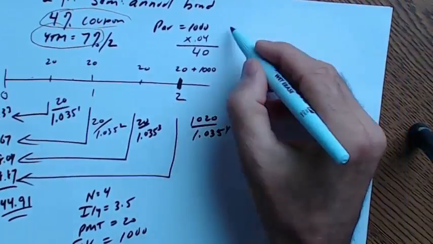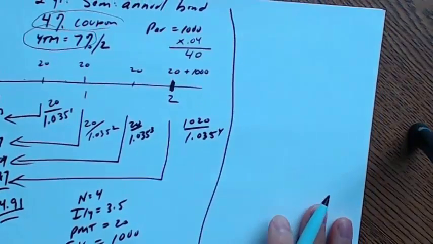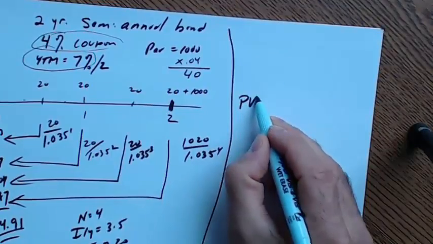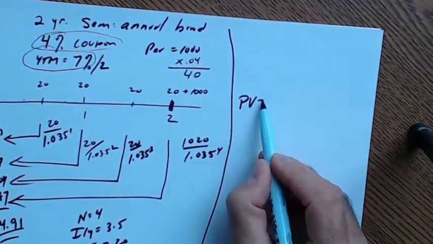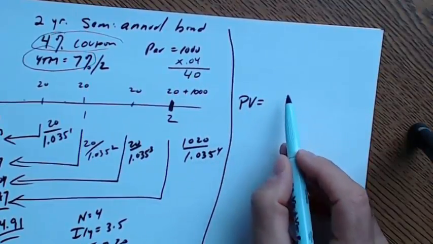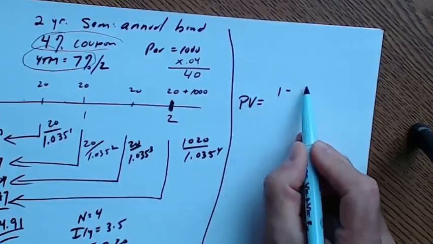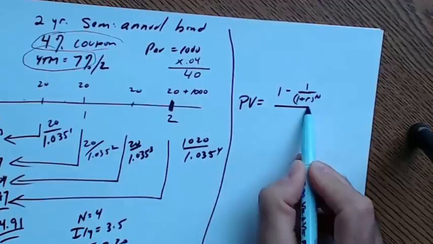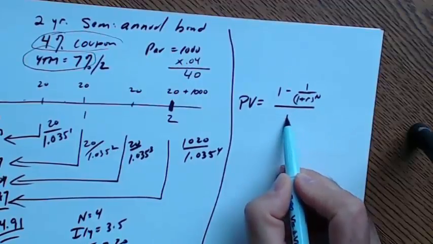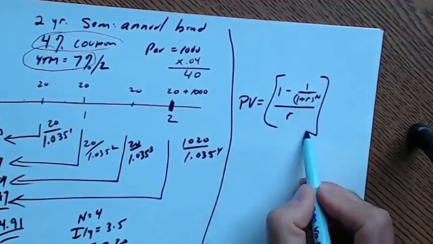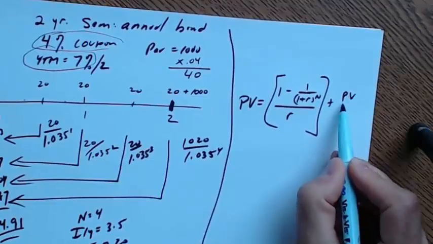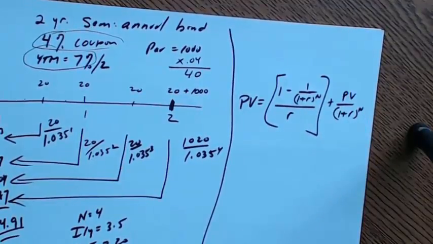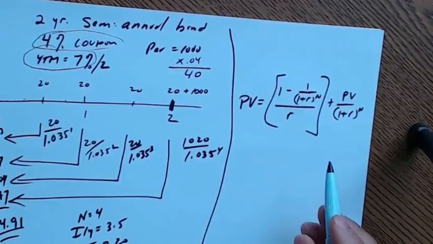One other way to calculate it is, don't forget this formula. Present value equals payment times 1 minus 1 over 1 plus r to the n, all over r, plus par value divided by 1 plus r to the n.